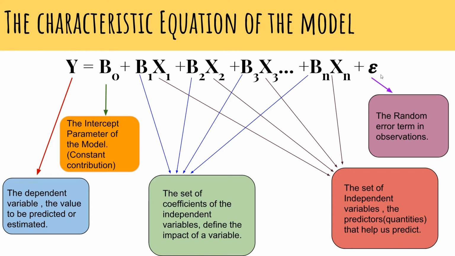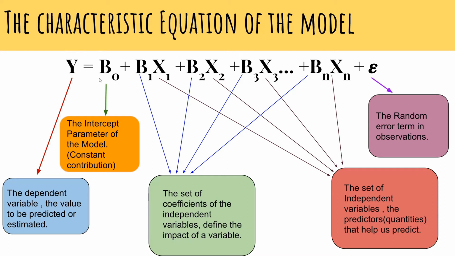The first part is the random error, which, as we know from our simple linear regression model, is the error term in the individual observations. And the next part is our dependent variable y. The dependent variable y is the value which we need to predict or estimate using this equation.